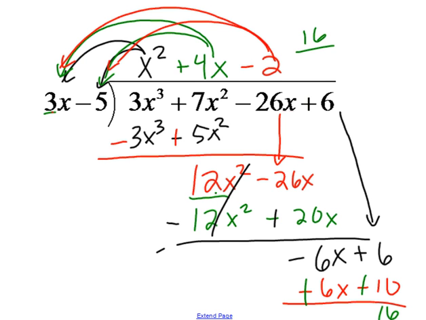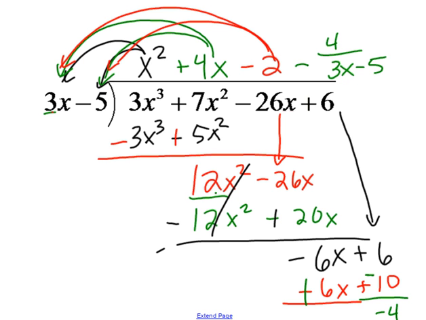Oh, I made one little mistake, sorry. I should have minus 2 times minus 5 is initially plus 10x. So then when I subtract, I end up with negative 4. And so then I write minus 4 over my divisor, which is 3x minus 5.